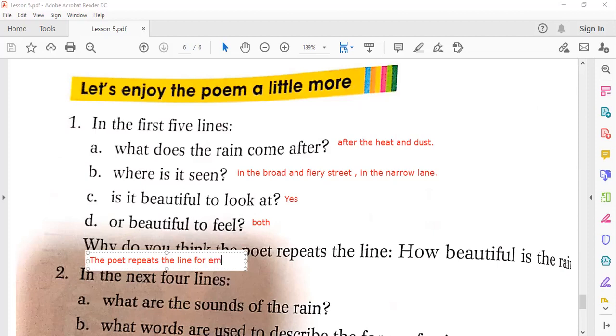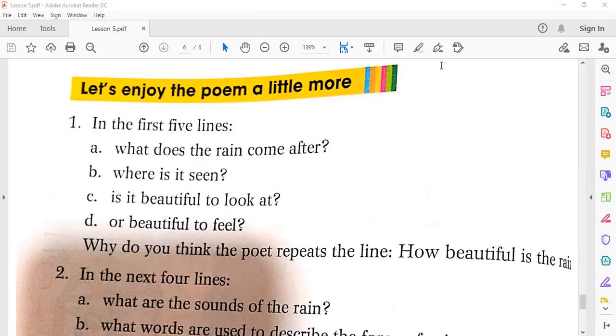Okay, dear students, this is the answer for the first question. These all are the answers. Let's clear the answers and go to the next question.